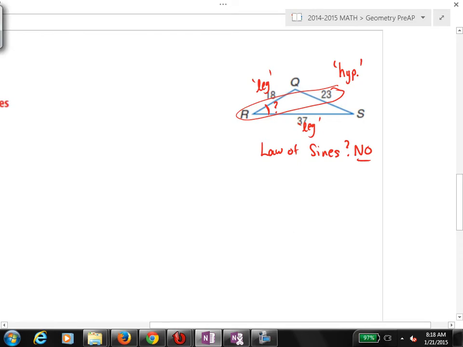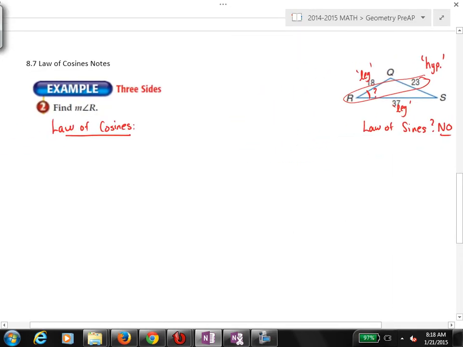So now if I proceed to doing the Pythagorean theorem, I know that the hypotenuse squared, which is 23 squared, should equal a squared plus b squared, the legs squared, 18 squared plus 37 squared.